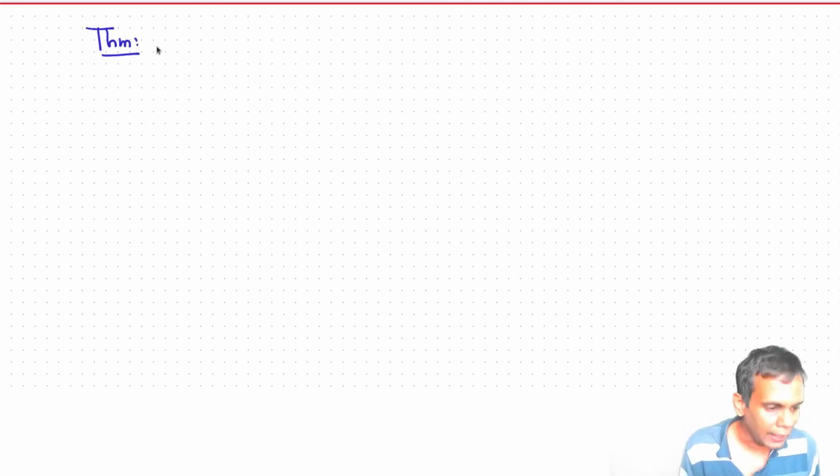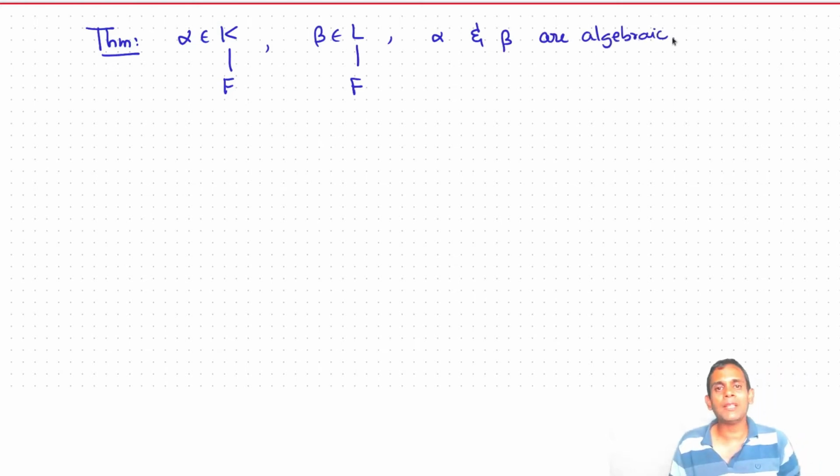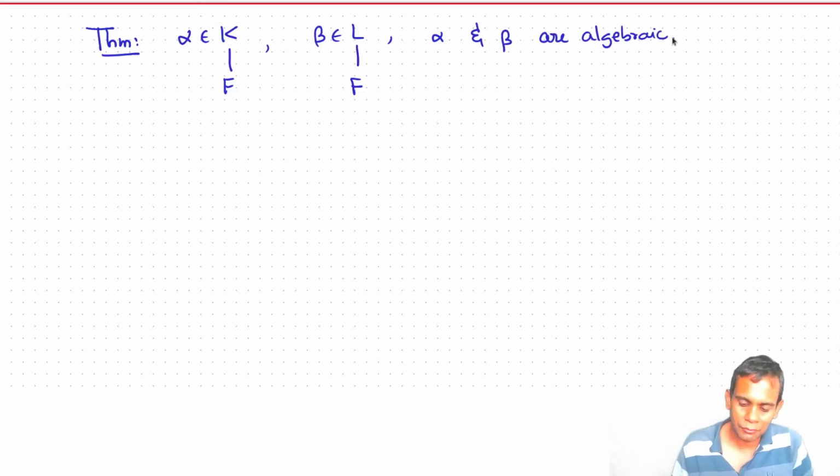So now suppose we have alpha in a field extension K over F, beta in a field extension L over F, and alpha and beta are algebraic. See, if alpha and beta are both transcendental, then of course F(alpha) is isomorphic to the field of rational functions over F. F(beta) is also isomorphic to that same field, and so F(alpha) is isomorphic to F(beta).